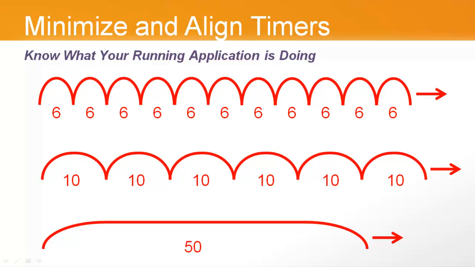So sometimes it's better to think if those timers that go along at 6 might be aligned to 10. Therefore you can have every 10 milliseconds and have the clock hit all of them at once. And then sometimes you can see if you can align those 10 milliseconds to the 50 milliseconds.